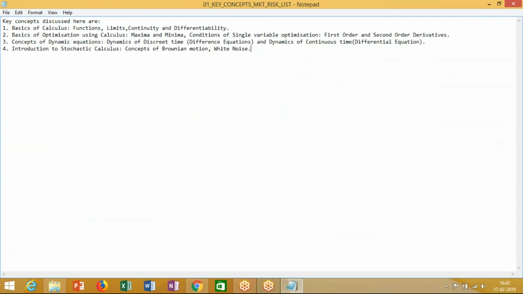Now, Brownian motion is a description of uncertainty in differential or continuous time series models, whereas white noise is in the difference time series models.